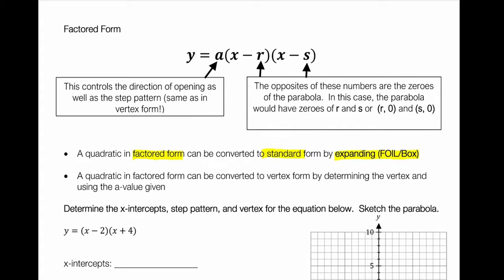The quadratic in factored form can also be converted to vertex form by determining the vertex and using the a value given. So if we can find the vertex, which we've learned about in a previous lesson, we can plug that into vertex form, use the same a value, and we would have our equation in vertex form. So the factored form actually lets us convert to either of the other two forms quite easily.